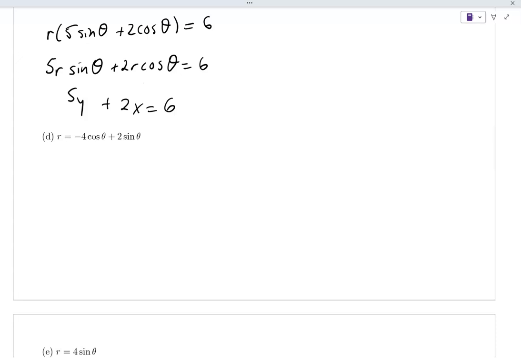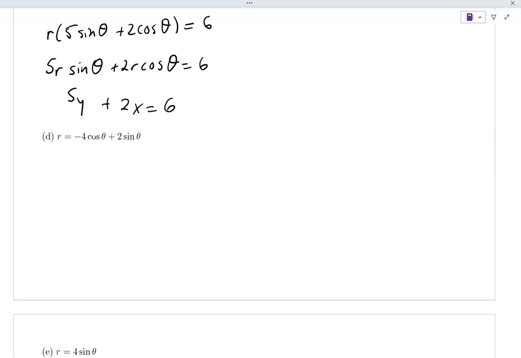Notice in the previous example, we were able to replace r sine theta with y and r cosine theta with x, right? And I don't have quite that in this case. We just have a cosine and just have a sine. However, how could I get an r sine theta and r cosine theta? Just by doing something to both sides of the equation.